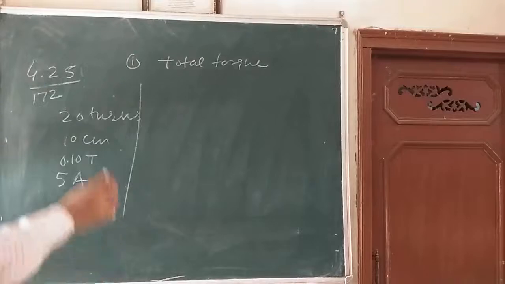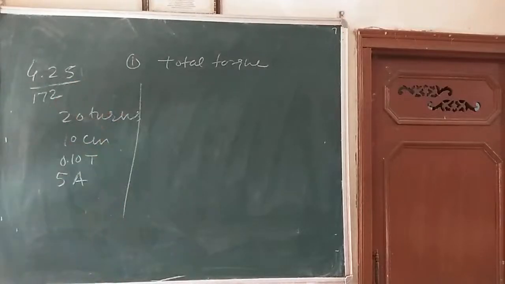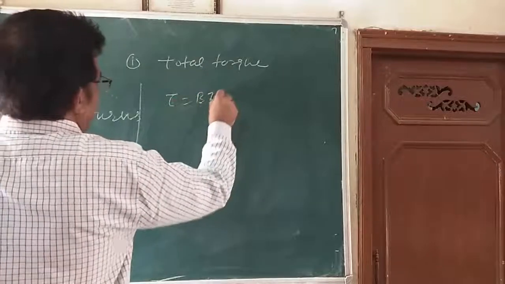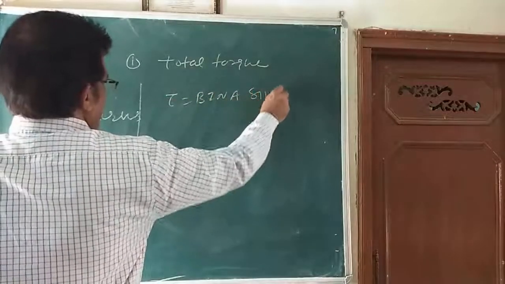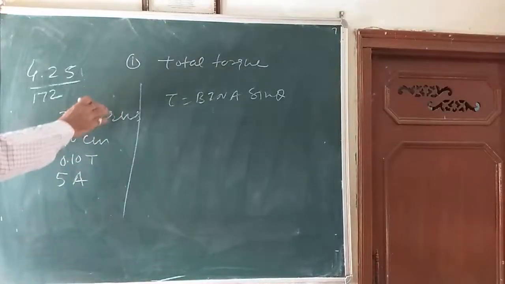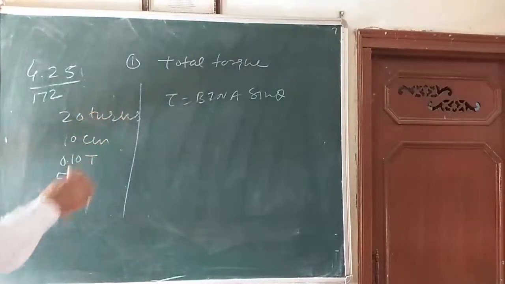First, the total torque I can calculate here. Torque is equal to B I N A sin theta. Children, the coil that is given here, it is given in the question.